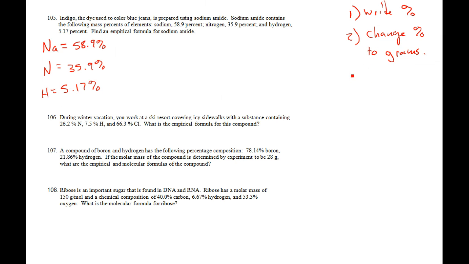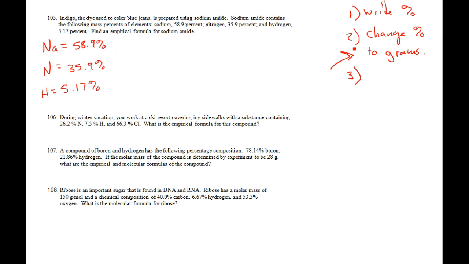All right, so those are the first two. The third, and we can do this, by the way, because we're going to assume we have 100 grams of this stuff. If I have 100 grams of this sodium amide, then 58.9 grams of it would be sodium.